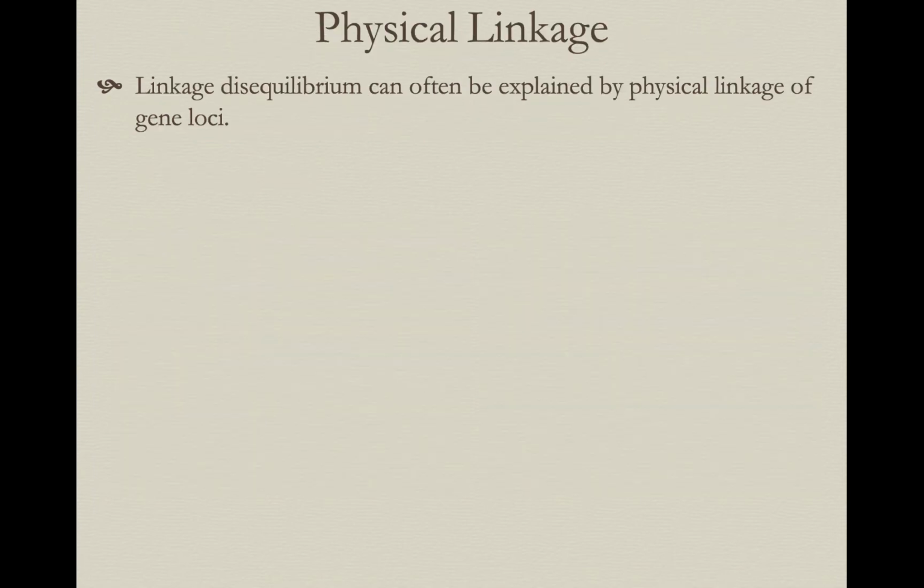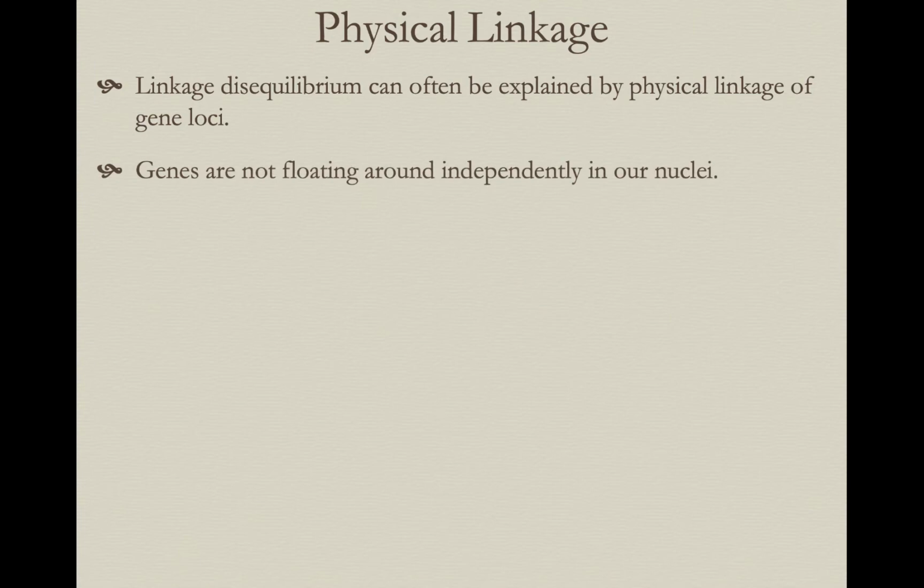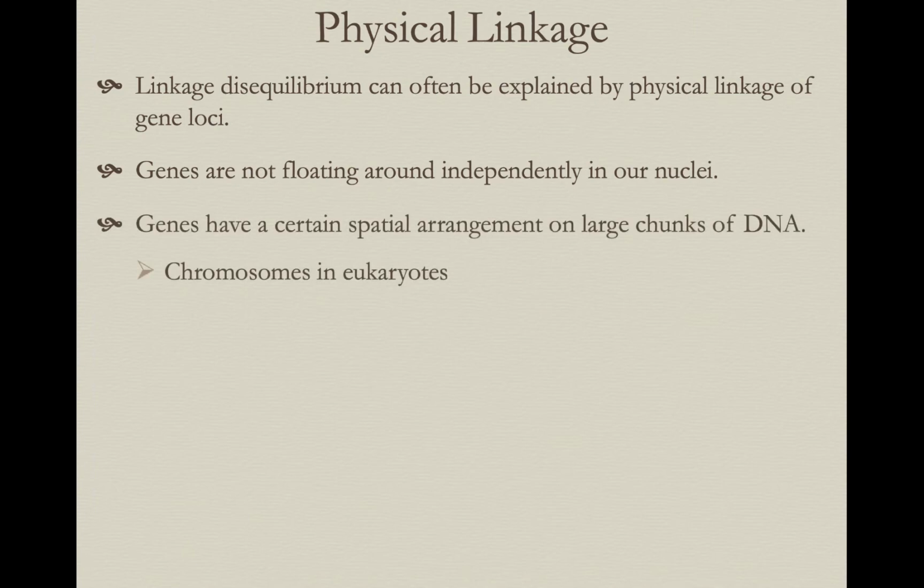The name linkage disequilibrium is derived from the physical linkage of gene loci that may explain this pattern in most cases. Because if we think about it, genes are not floating around independently. Genes have a certain spatial arrangement on chunks of DNA, which we call chromosomes.